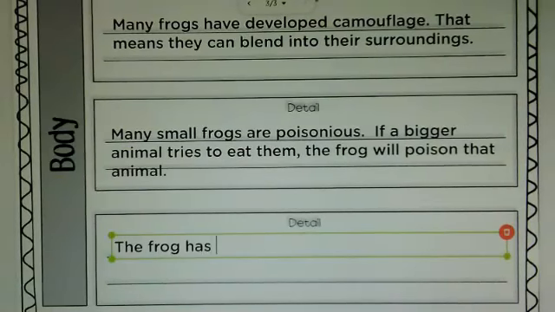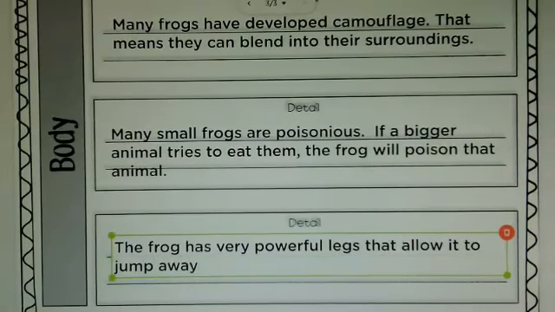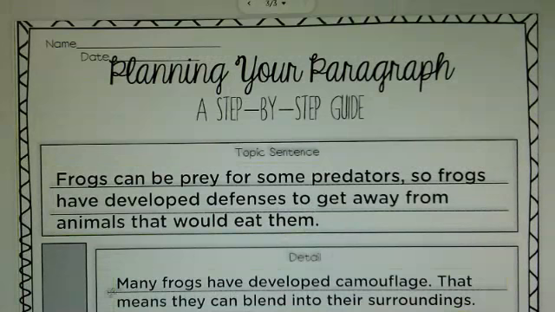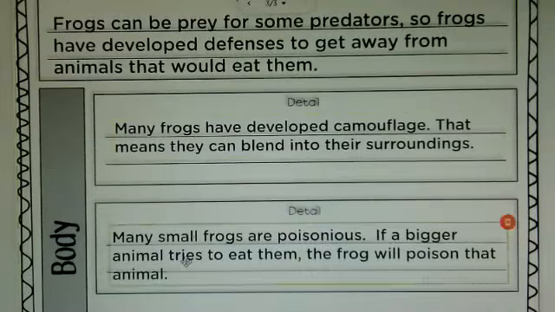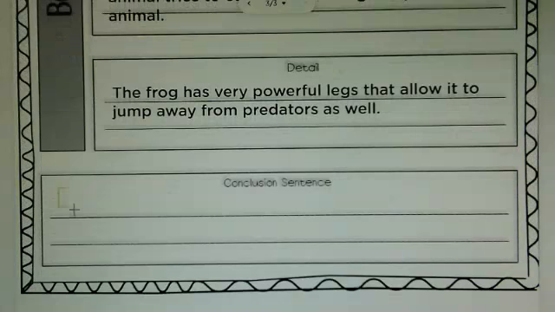The frog has very powerful legs that allow it to jump away from predators as well. So I'm just going to keep it short, sweet, and to the point. So I have my topic sentence about frog defenses, and then I have 3 detail sentences giving information about those defenses, and now I need to conclude my paragraph.